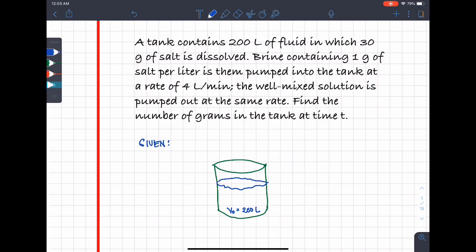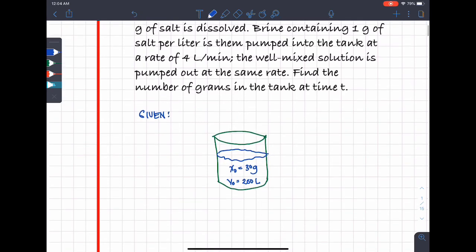So initially there is a certain amount of salt dissolved inside the tank, and that amount is equal to 30 grams. If X is the amount of the substance, and that substance is salt, then initially there are 30 grams inside that tank.